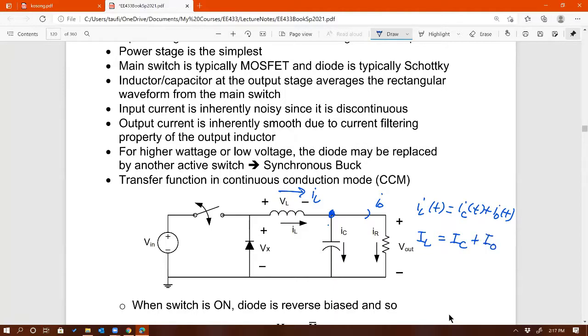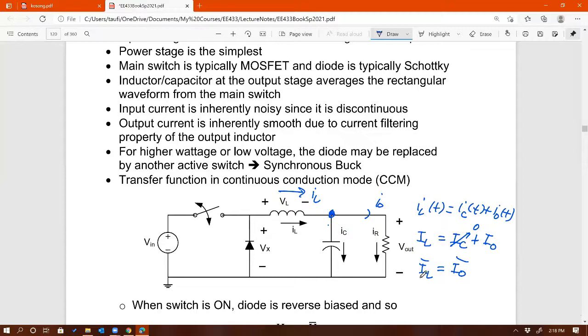And we know from circuit class that the average value going through the capacitor must be equal to 0, because a capacitor looks like an open to DC. So therefore, the average value of the inductor current in a buck converter should be equal to the average value of the output current.